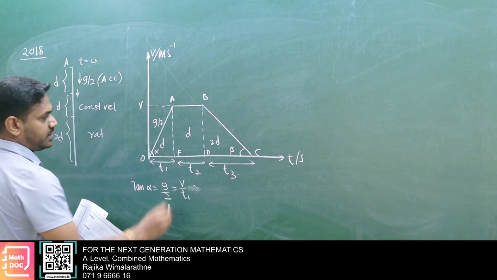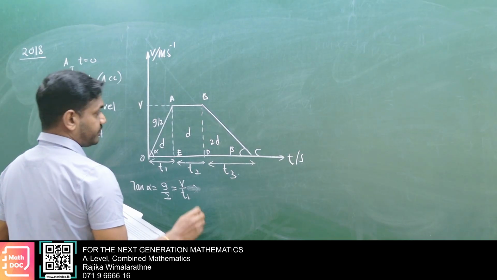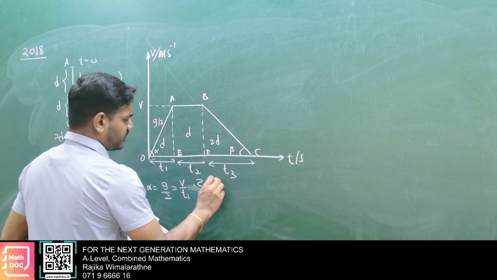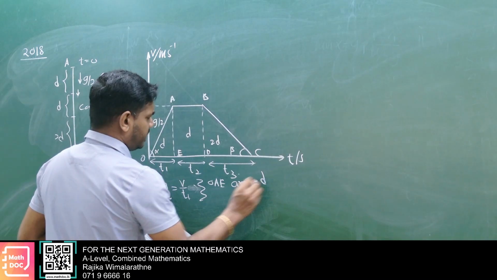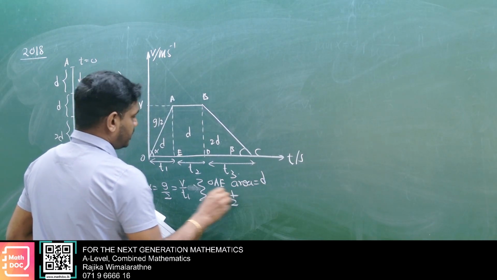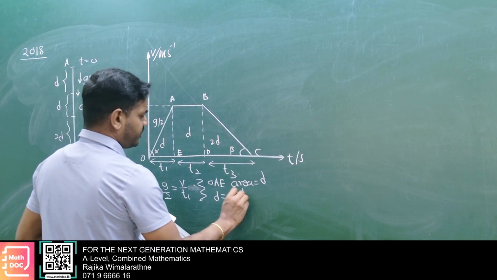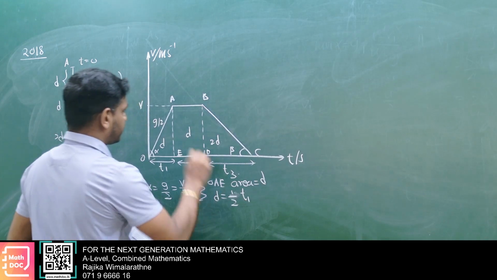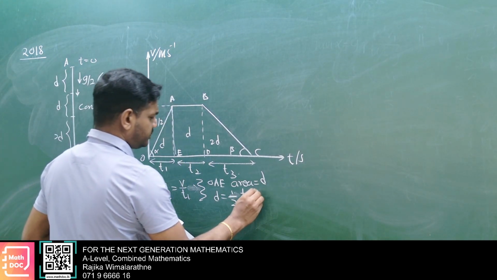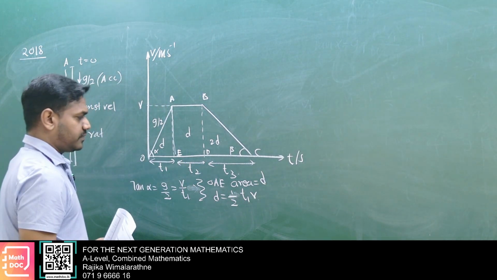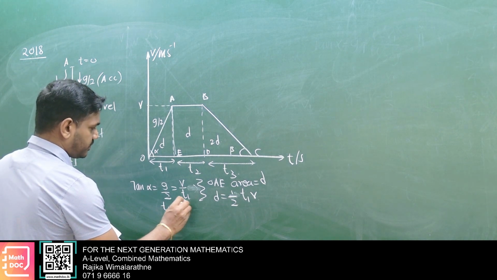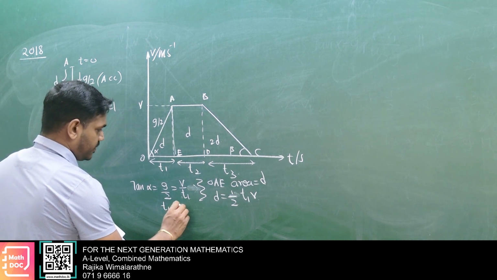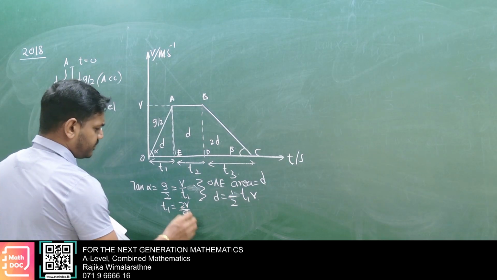Area OAE, d equals half into t1 into v. Then you take t1 equals 2v divided by g.